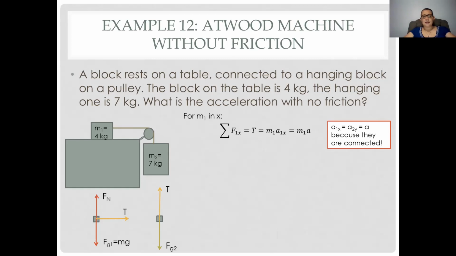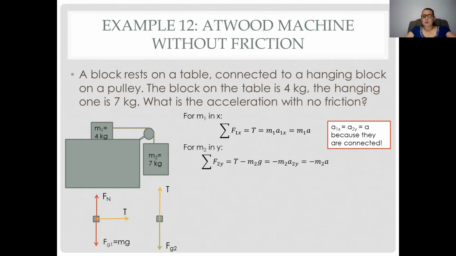So for our first mass, this mass is going to move in the x direction, so that's the direction that we'll consider. The sum of our forces in the x direction is just tension, and that equals the mass of that block times its acceleration, which is the same as the second block's acceleration.